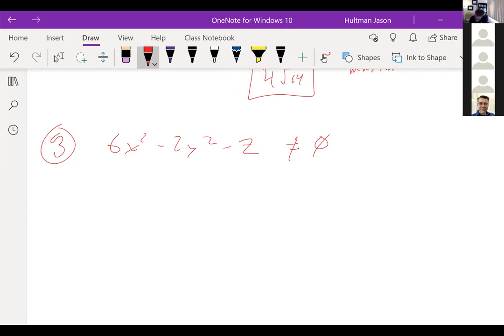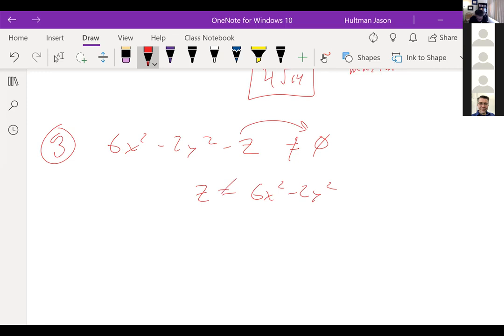Okay, so I'm just going to toss everything to the other side. Let's just toss z to the other side. So z cannot equal 6x squared minus 2y squared.